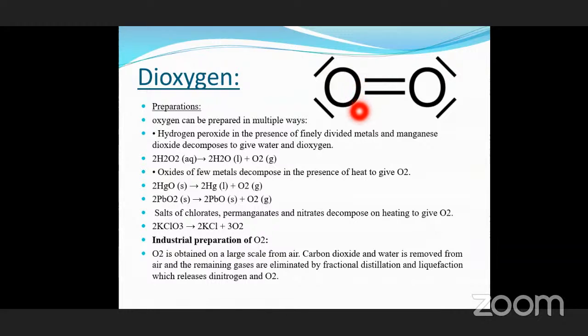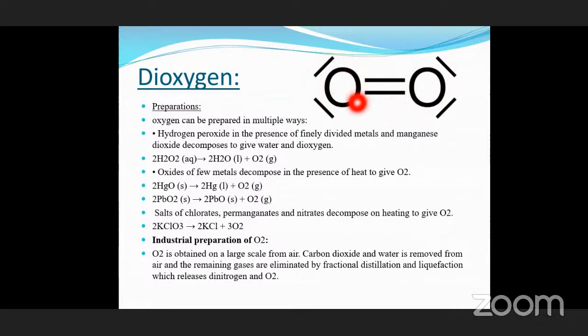How do you determine the 6 electrons here? Here 1, 2, 3, 4, 5, 6, because the valency of oxygen is 6. For the other oxygen, here also 1, 2, 3, 4, 5, 6, so it also satisfies the valency electrons.